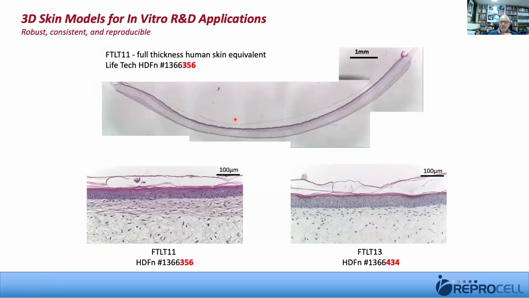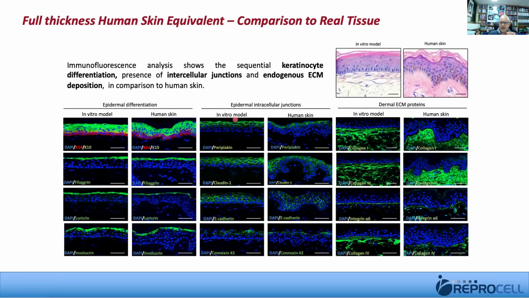We produce quite large pieces of this material, shown here, and we characterize the model in comparison to real tissue. These images represent immunostains for many different markers expressed in normal skin, and we cross-compare real tissue with the model, looking at expression patterns and showing that they are indeed very similar.